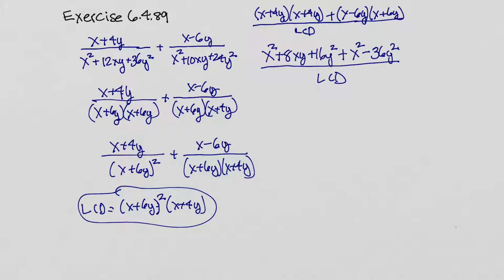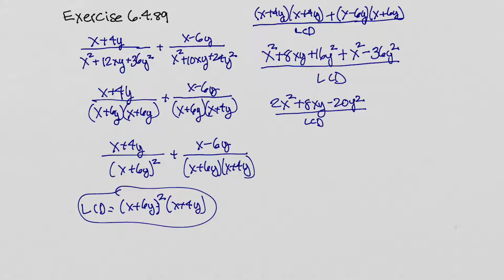And now let's combine any common terms. Here's an x squared and another x squared, so we'll have two of those x squareds. There's an 8xy and no other xy's, so we're having a plus 8xy. And then we've got 16y squared, and we're going to subtract 36 of them. So that's going to be a minus 20y squared over the LCD.